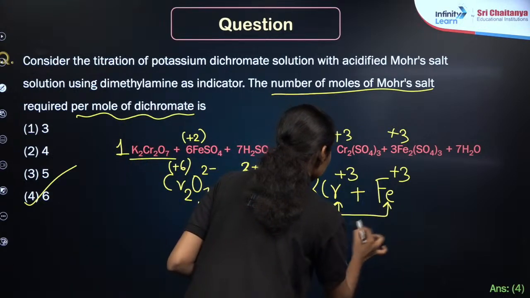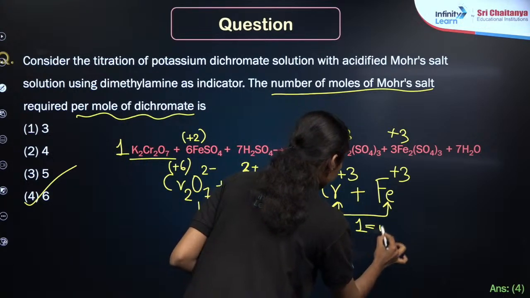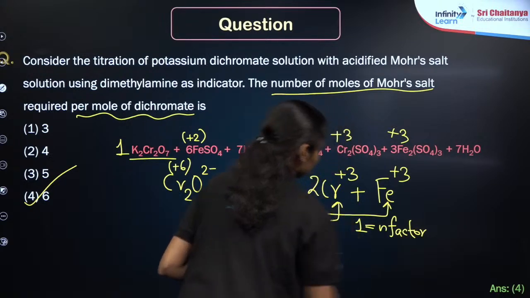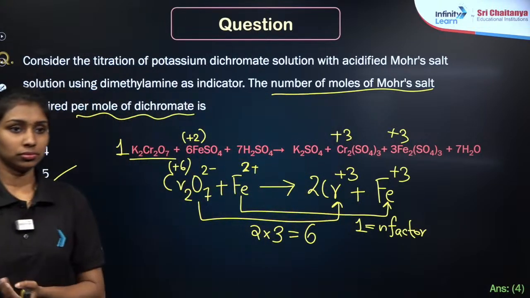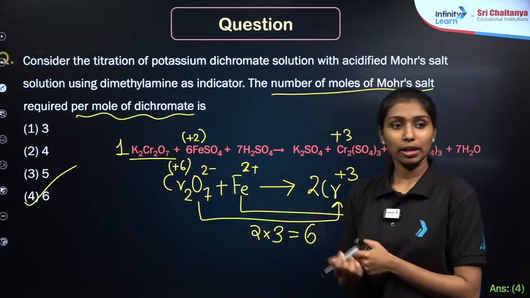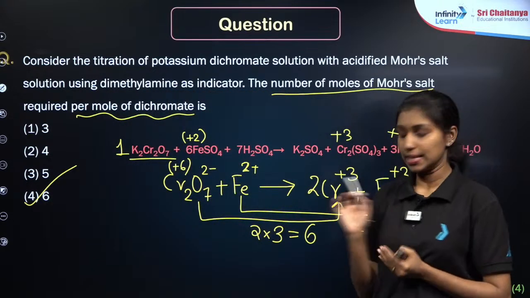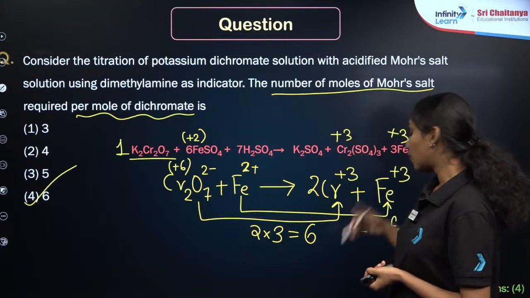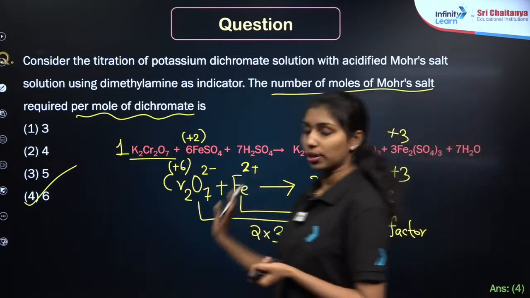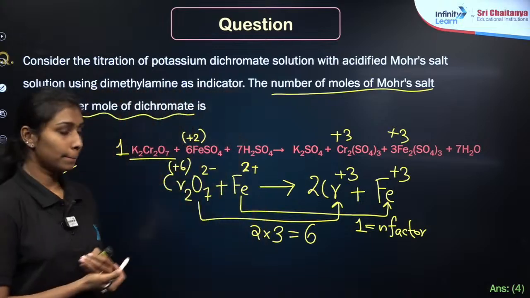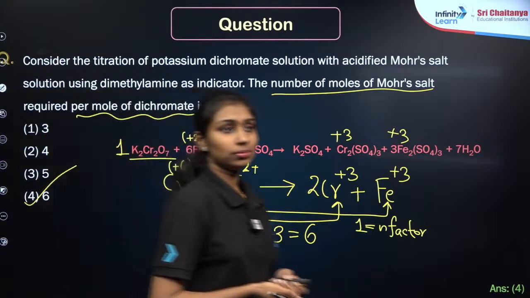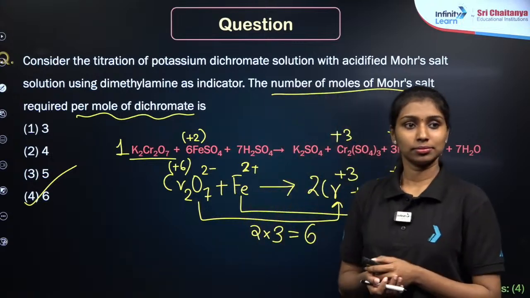Fe2 plus to Fe3 plus, it is 1, right? 1 will be the n factor. From the n factor onwards, you can just find out the answers. Just like 6, for 1 mole of dichromate, it will require 6 moles of FeSO4, right? Clear? Okay, fine.